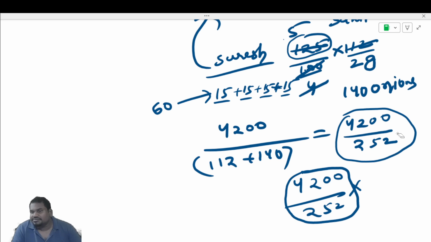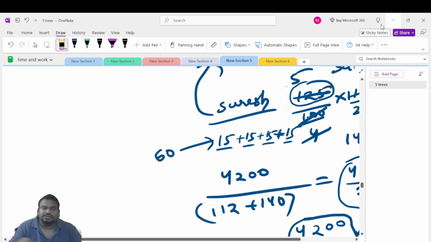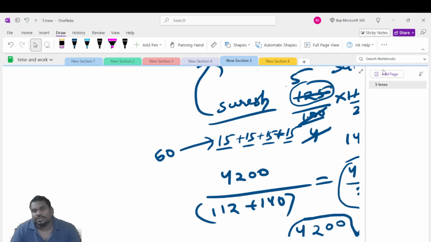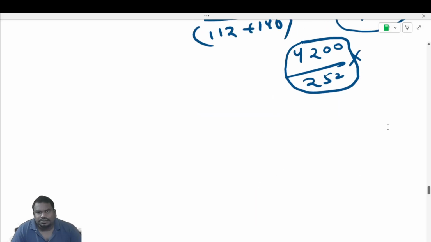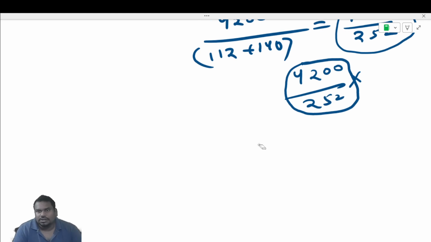How many such 15 minutes are there? So what to do: 4200 by 252. If you divide it, the combinations of 15 minutes you will get. To convert them into hours, you have to divide with 4. Then the answer you will be getting in hours.